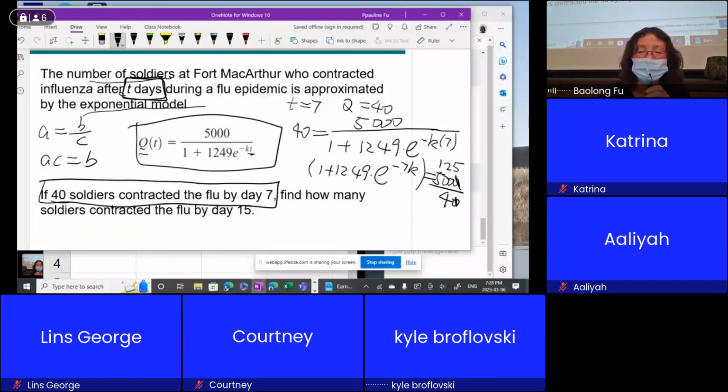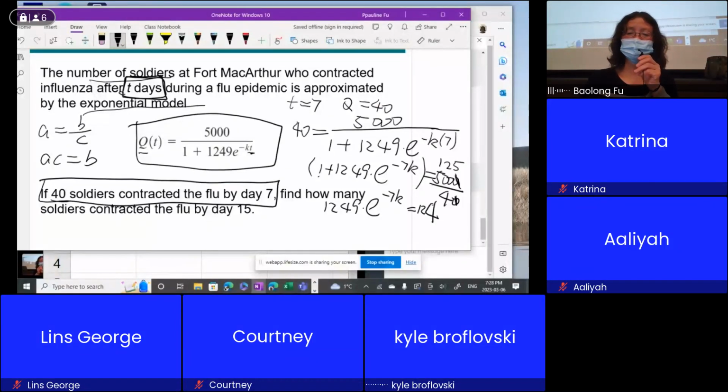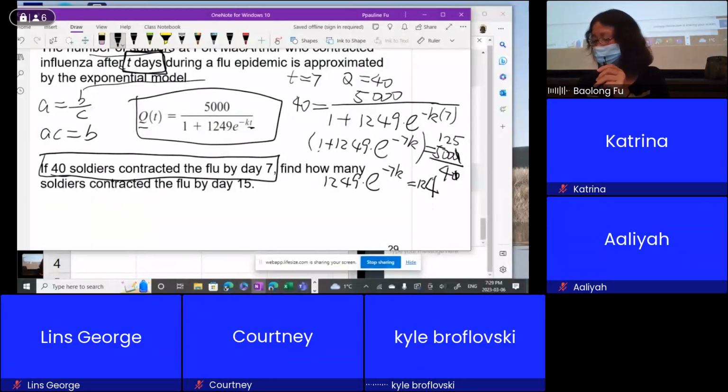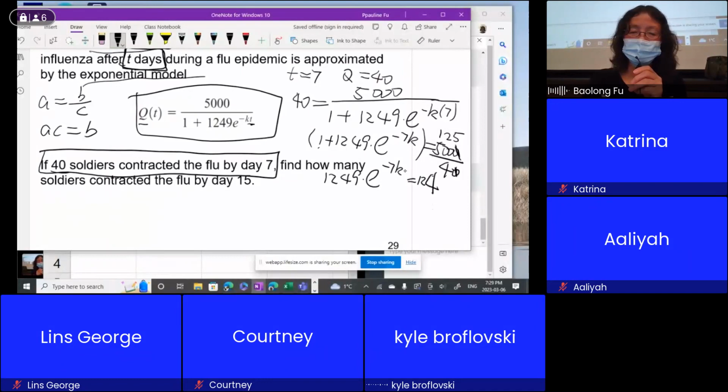Okay, let me rewrite it: 1 plus e raised to the power negative 4K equals 125. Move the 1 on the left hand side to the right hand side, you have 124. Then you have e raised to negative 7K.